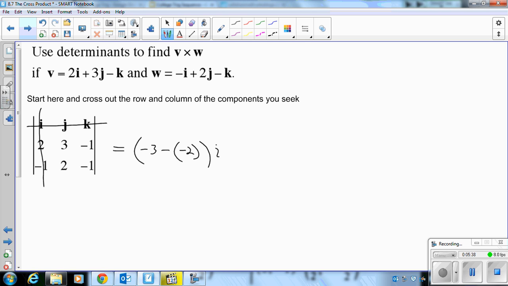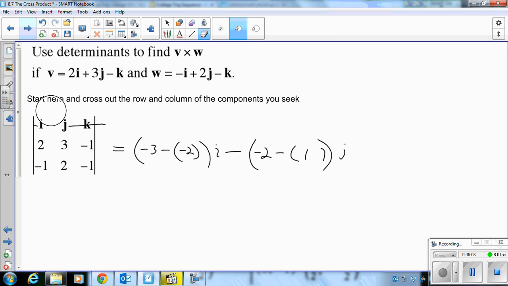Now remember, it's always a minus sign here for my j. I'm going to cross out the row and column for j. So I do 2 times -1, and I get -2 minus -1 times -1 is a +1. And that is going to be my j component.